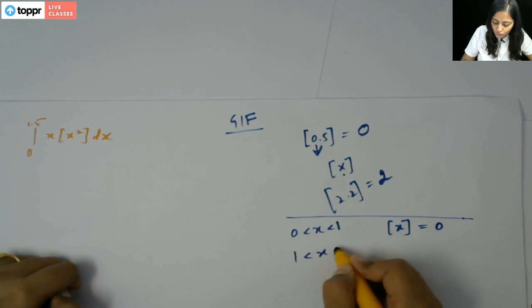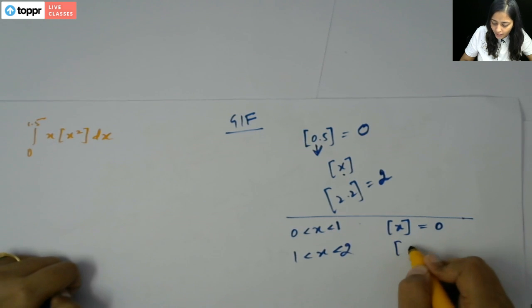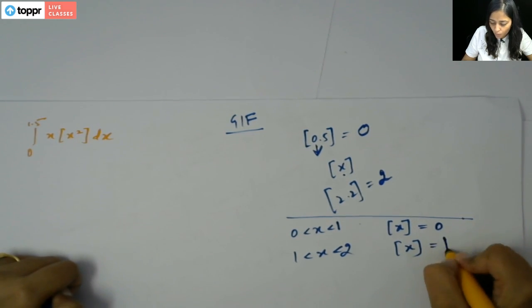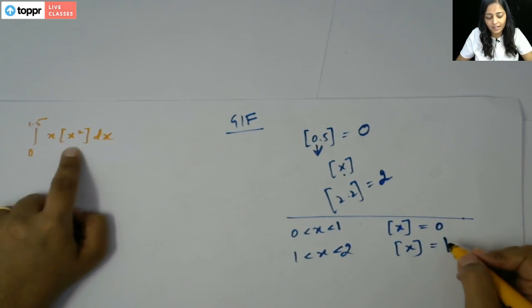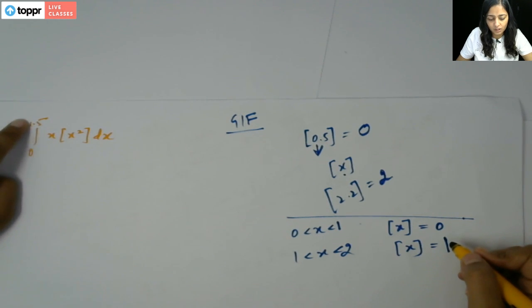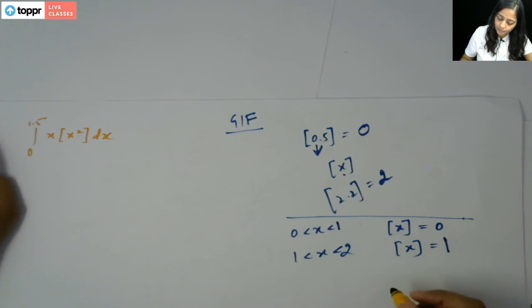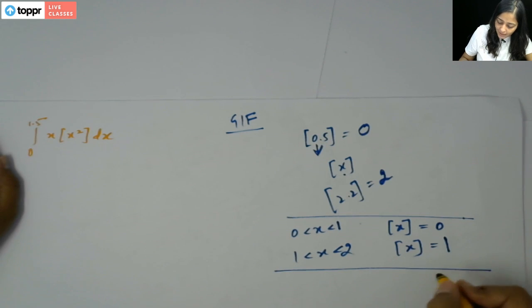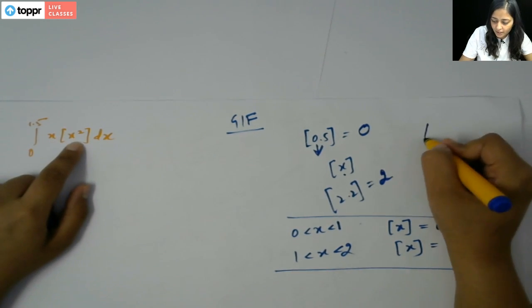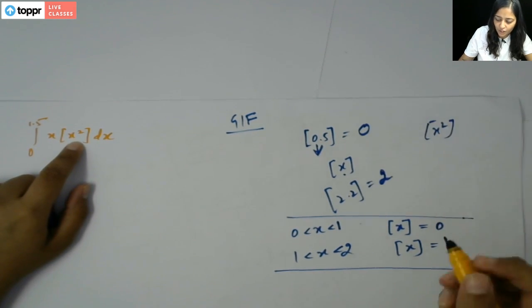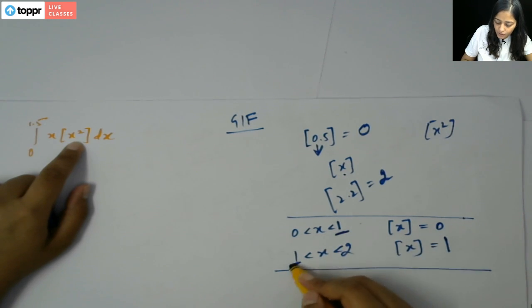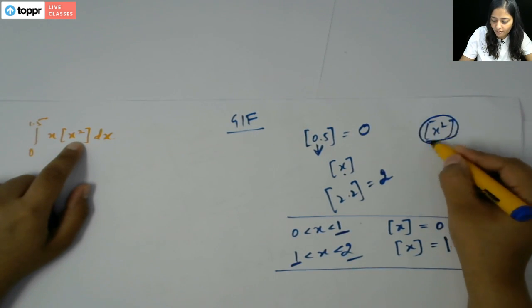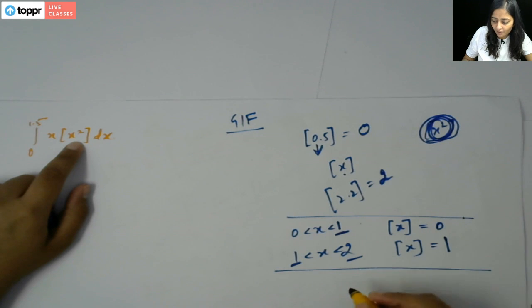But if our x lies from 1 to 2, the greatest integer function would give us 1. So let's see where the greatest integer function of x² takes the integer values. It changes its values at the integers, right? So we have to see where this takes the integer values.